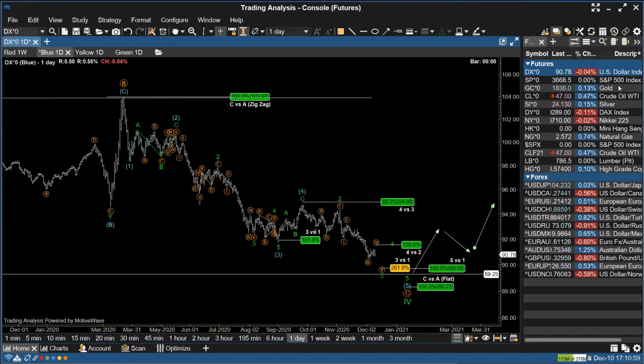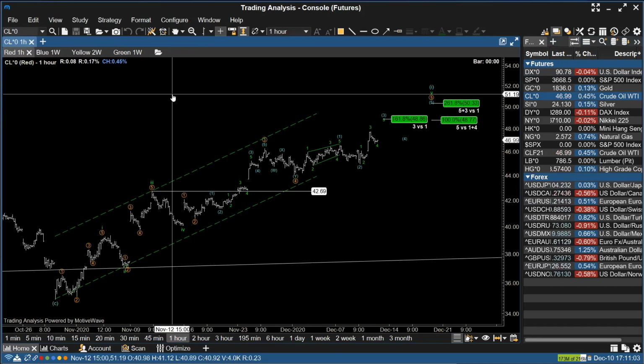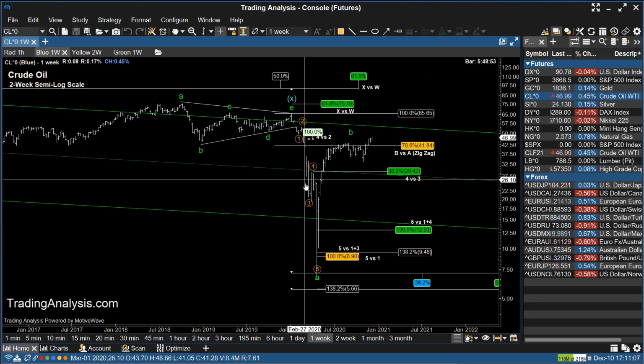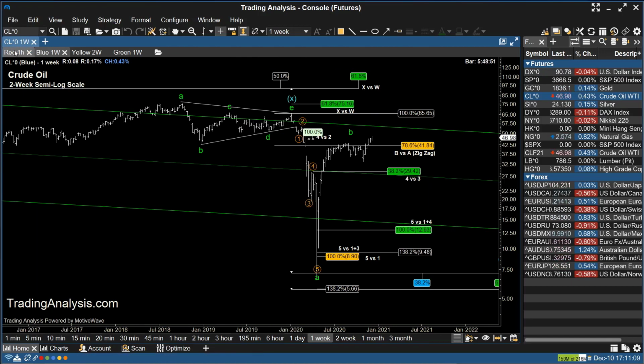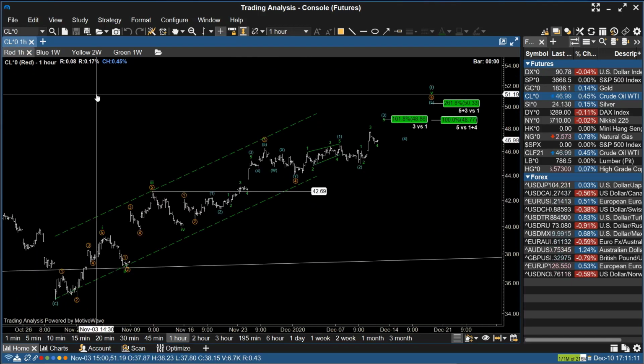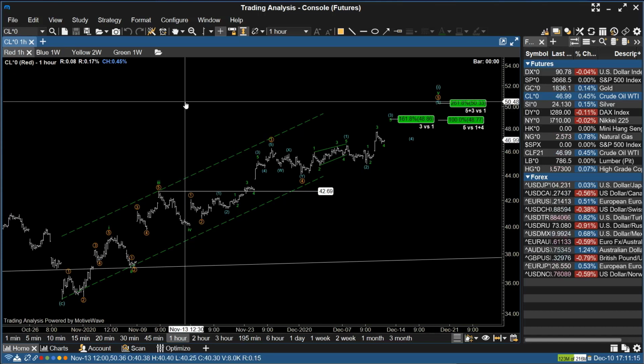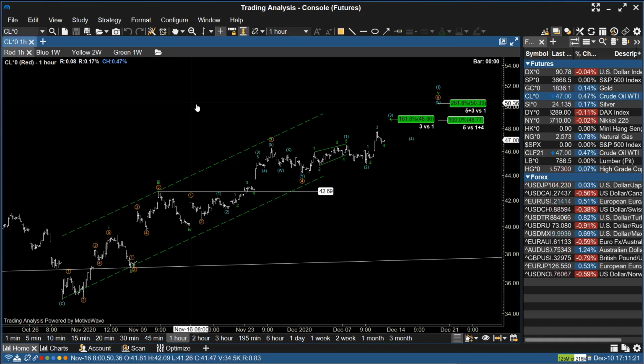Now, taking a look at wave structure in crude oil, you'll notice, which by the way, we had an absolute blast forecasting and calling that breakdown. We're now looking at this upside movement on the 1-hour chart going, well, that's interesting. It's looking a lot like what we're seeing in some of our major indexes and leading sectors.